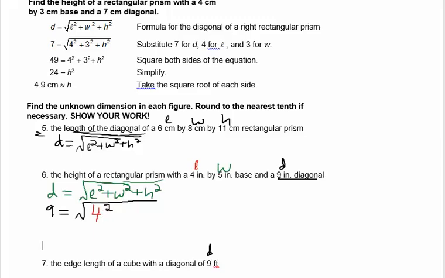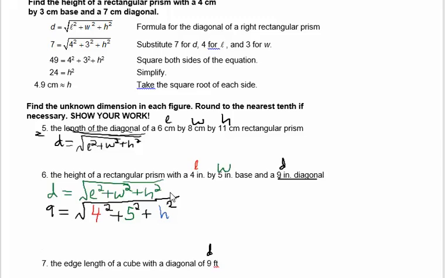The W is 5, that's given in the problem, so I'll put 5 in, and don't forget to square that. And I'm looking for H. I'll color that in blue. And that's squared too.